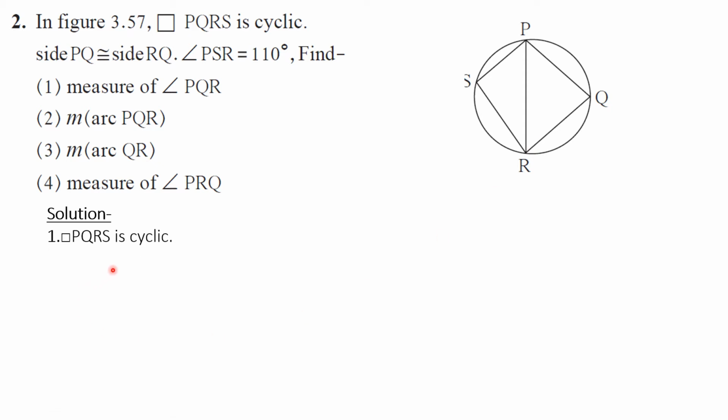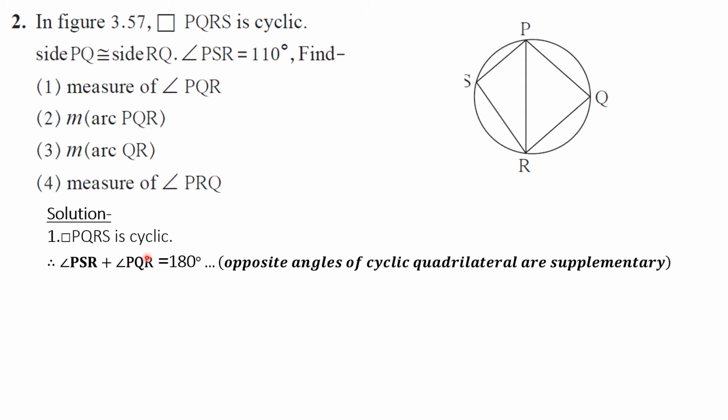Number 1, quadrilateral PQRS is cyclic quadrilateral. It is given. And we know that the opposite angles of a cyclic quadrilateral are supplementary. Hence, we can write angle PSR, that is this angle, and angle PQR, that is this angle. These two opposite angles, their addition is equal to 180 degrees. Write the reason also.